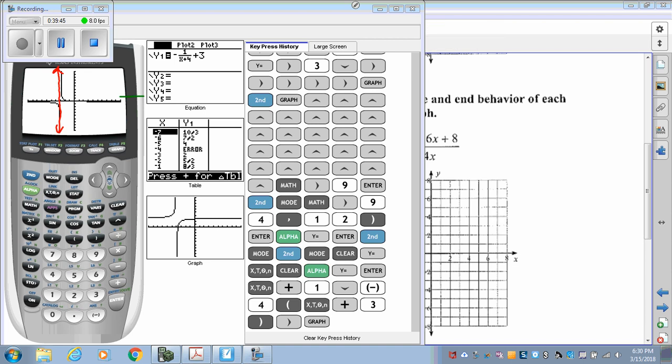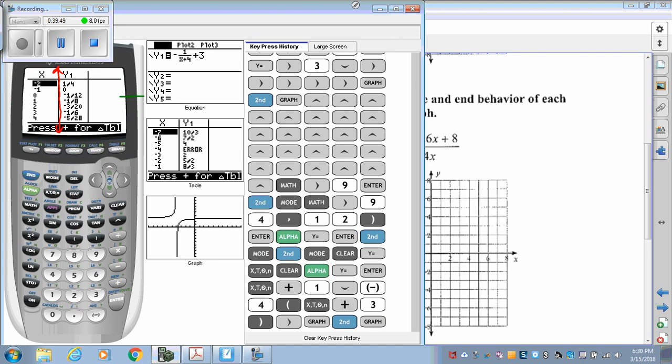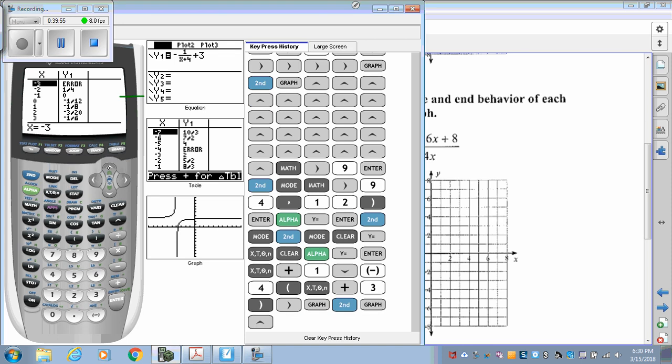Let's look at the table and see what happens to our y values. So there's our asymptote, right? X equals negative 3. All right. So I can graph at -1, 0, right?